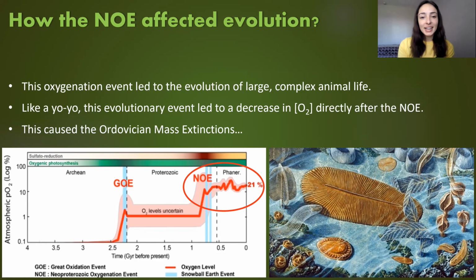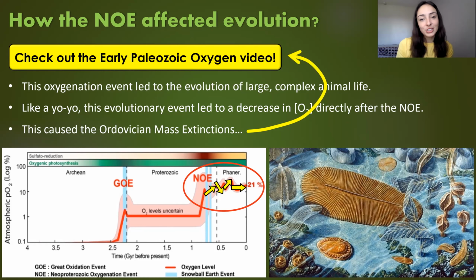And so we can see that as we move into the Paleozoic with all of these oxygen fluctuations going on. And so we're going to talk a little bit more about what caused these fluctuations, what resulted from these fluctuations, and all of our evidence for these fluctuations in the next video over the Paleozoic oxygen history.